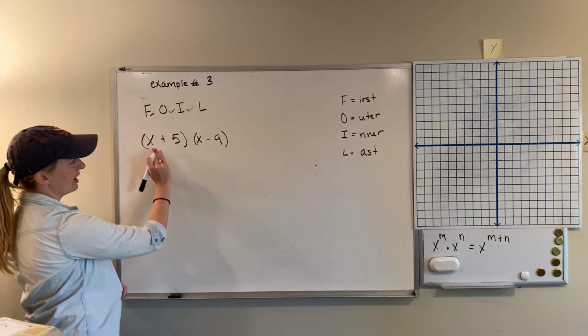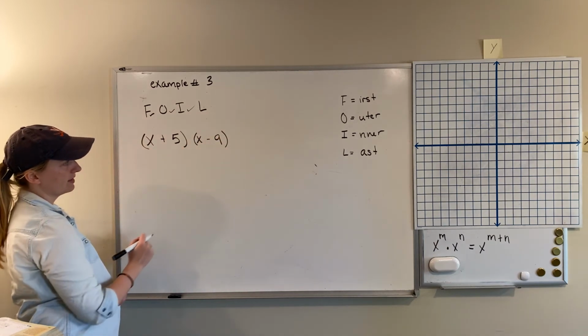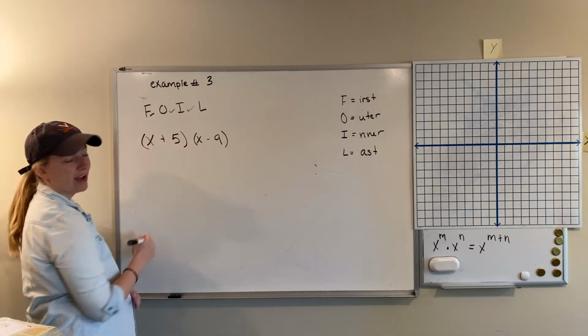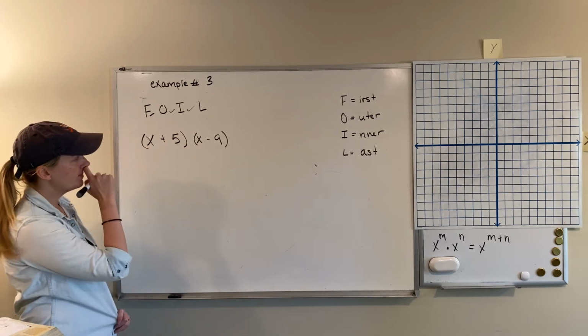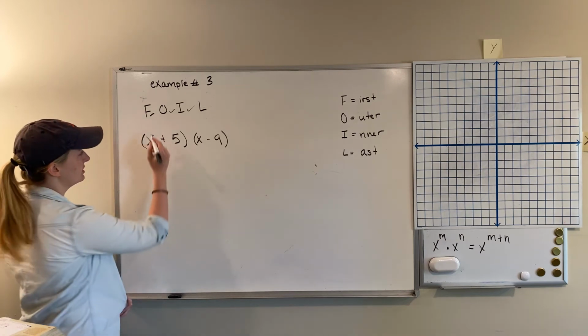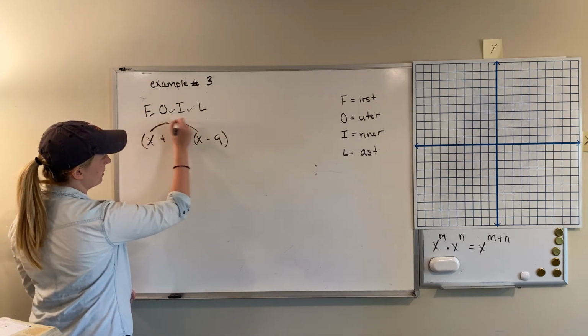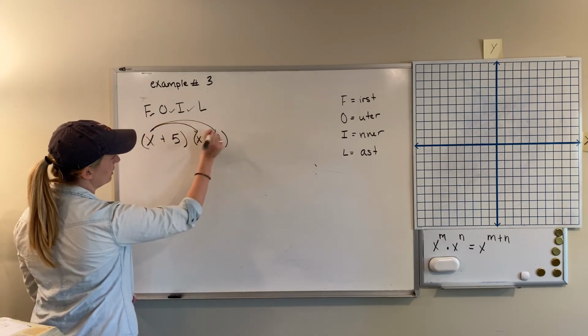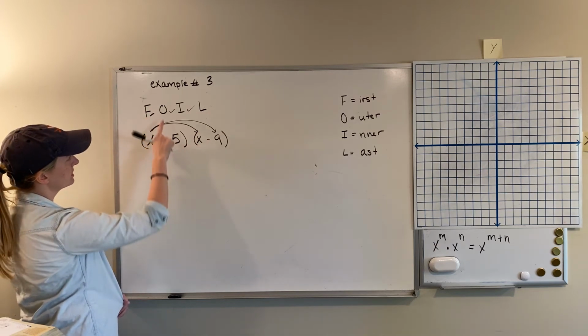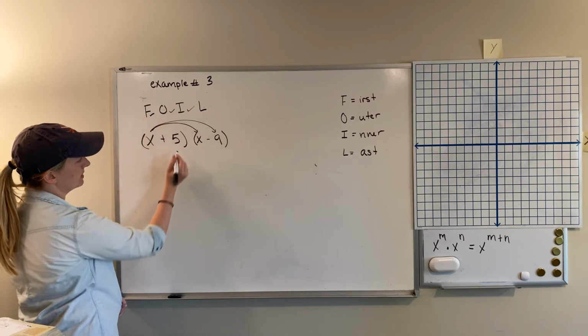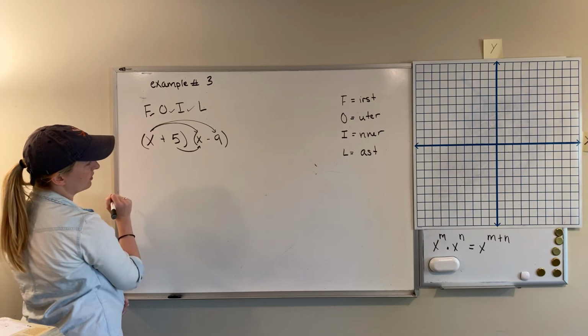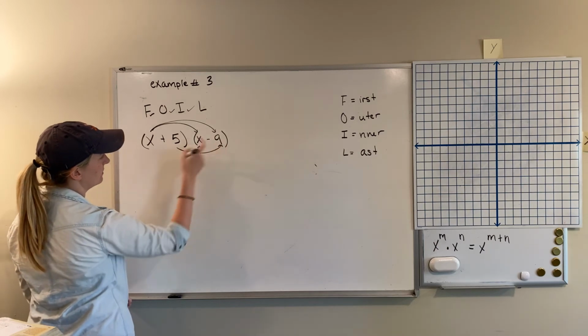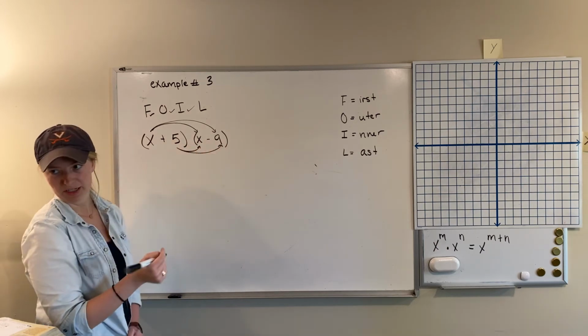Do your distributive factor for x to everything inside the second thing. Do the distributive factor for 5 to everything on the inside of your second one. And it'll just work out to be FOIL. So if you do boom, boom, you've done your first steps. Your first terms, and then your outer terms. Repeat with 5 to everything on the inside. First terms, last terms. You finished FOIL.